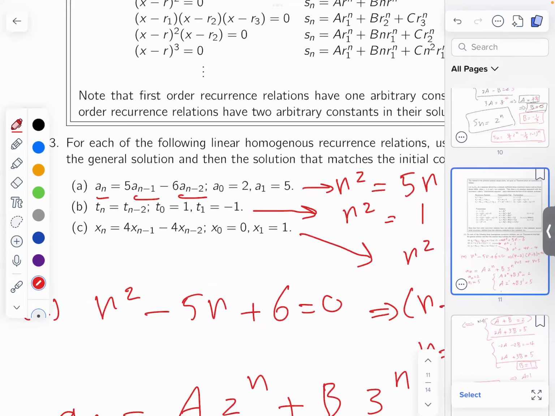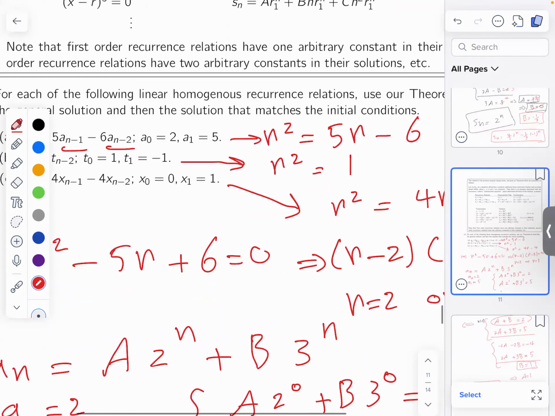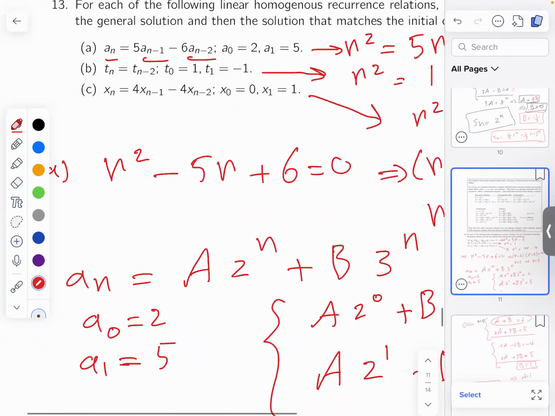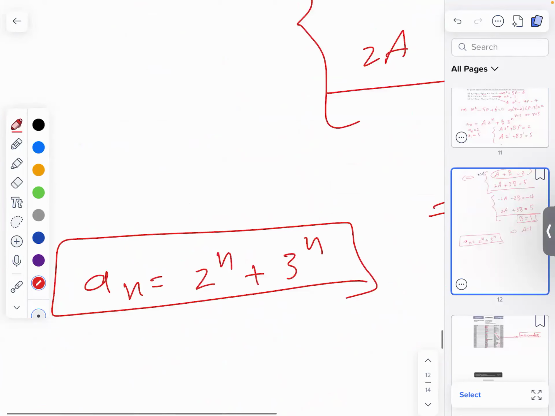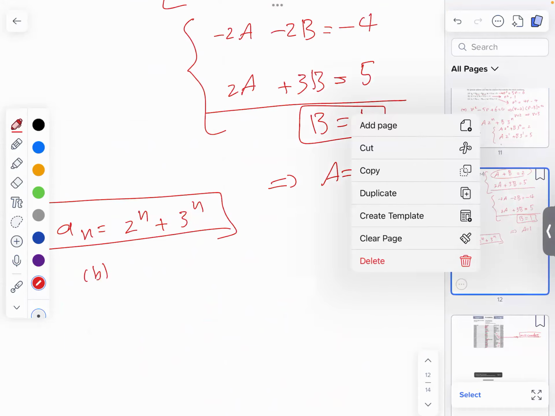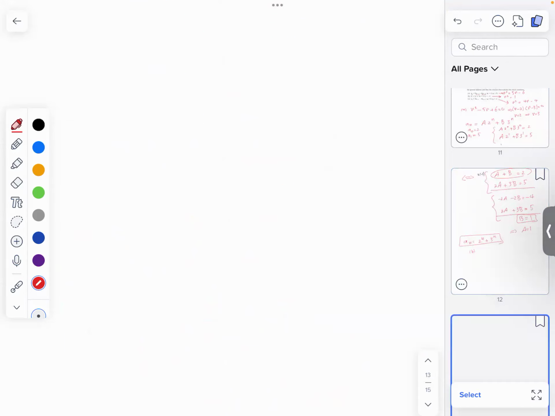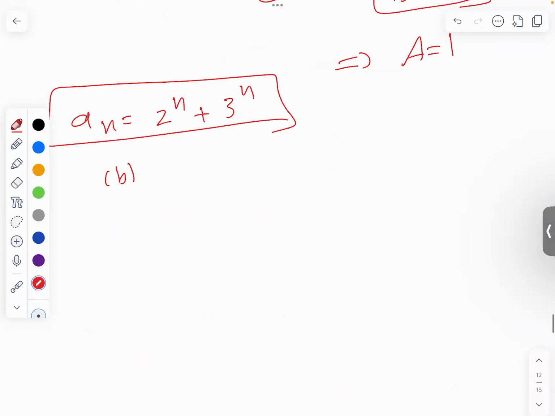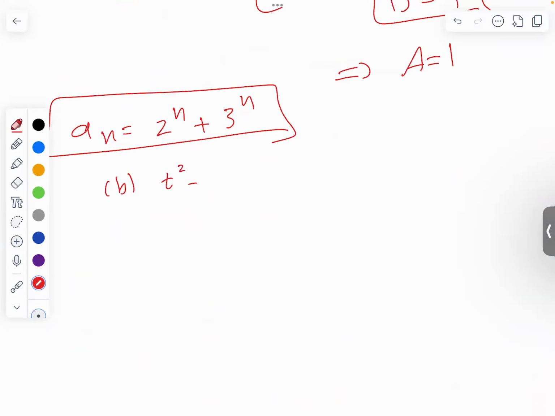What about part B? Let's write the characteristic equation. This one is easy. T squared equals 1, so t equals plus or minus 1.